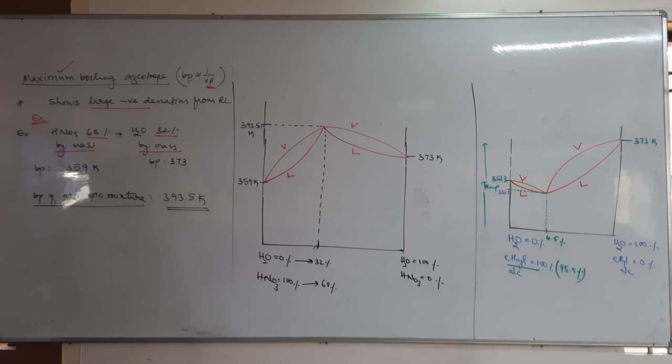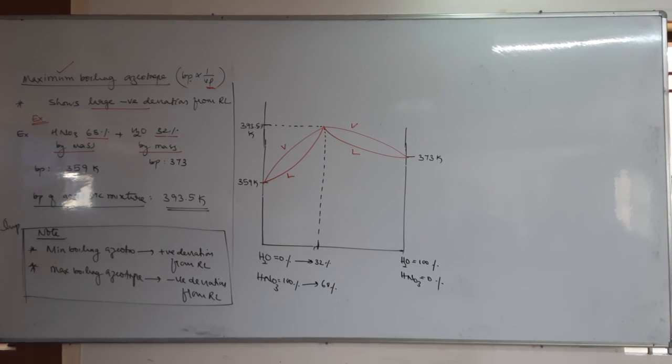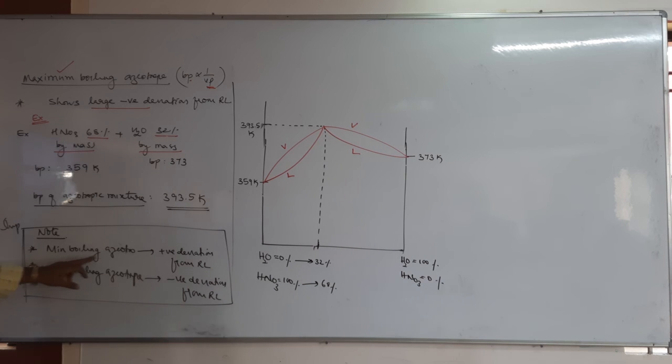Example, take this, take the diagram also. Minimum boiling azeotrope: positive deviation from Raoult's law. Maximum boiling azeotrope: negative deviation from Raoult's law.